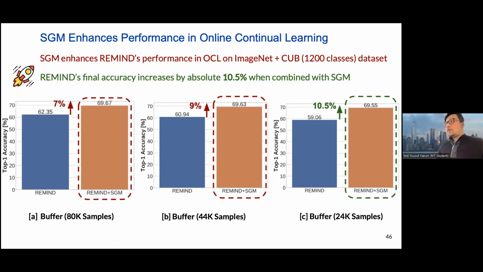For different memory constraints, our mitigation approach provides benefit in terms of final performance, and also improves the stability gap, which is basically the drop on old performance. It provides a 10.5% improvement, which is huge for a 1,200 classes dataset.